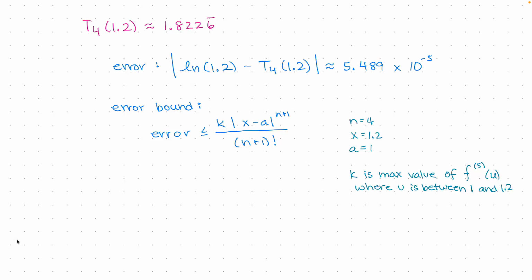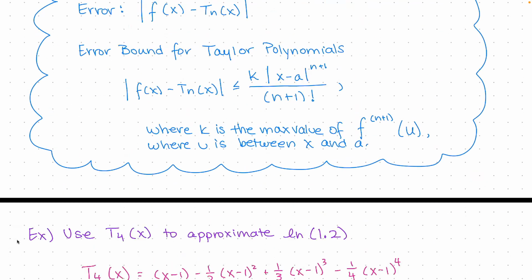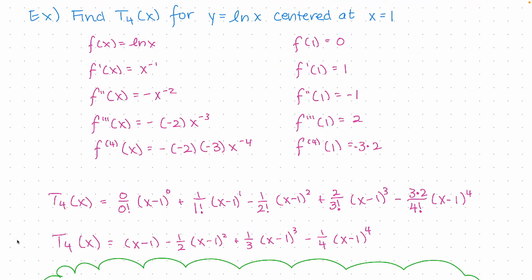So we need to find the fifth derivative, but that's actually not a big deal. I'm going to go back to our work from the problem where we found this polynomial in the first place. The fifth derivative, well, that would just be negative 1, negative 2, negative 3, negative 4 times x to the negative fifth power.